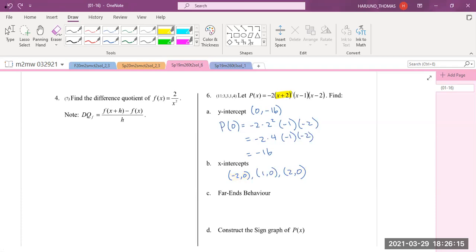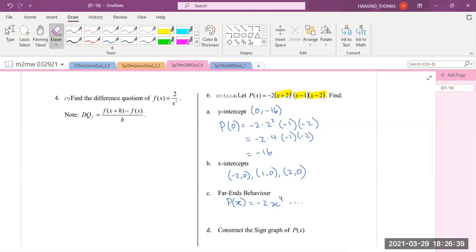How about the far end behavior? What is the degree? Px equals -2 times... if you think about this, you get x squared, x, and x from there. So you will get -2x to the 4th something.